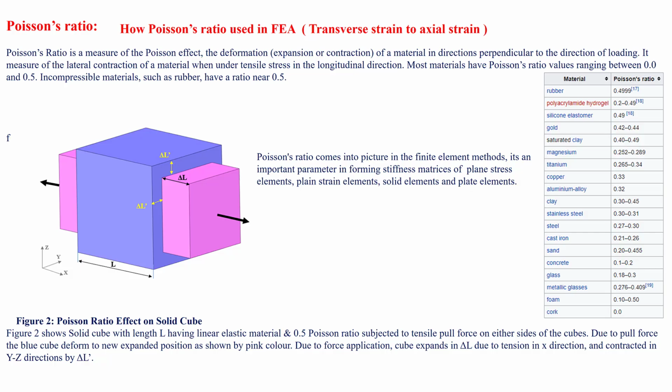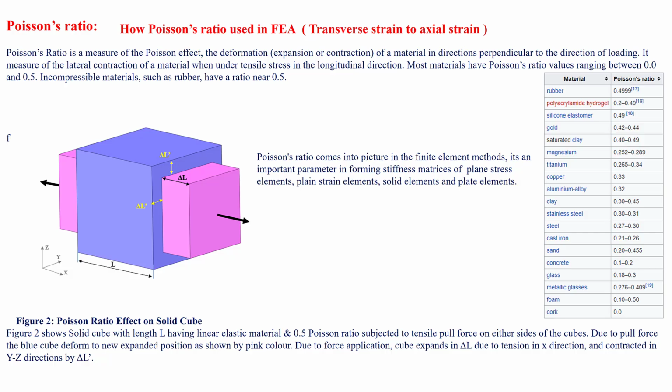The cube expands by delta L due to the tension in the X direction and contracts in the YZ direction. I hope it's clear. Why we use Poisson's ratio, and what is its impact in FEA analysis, is quite simple. These are the things we need to know.